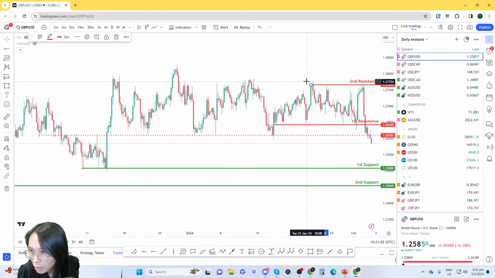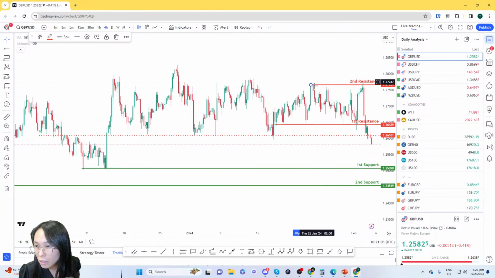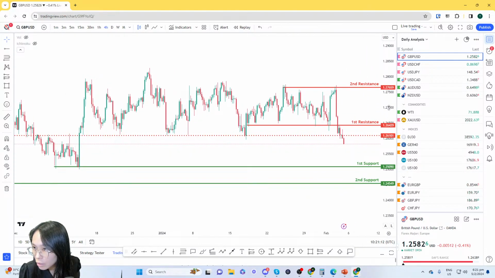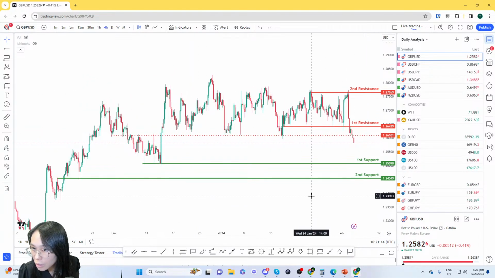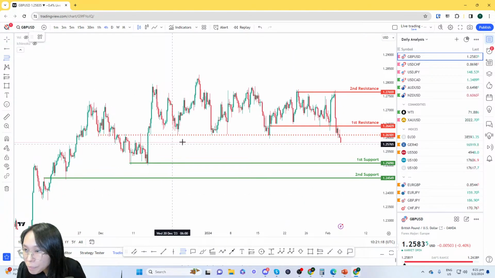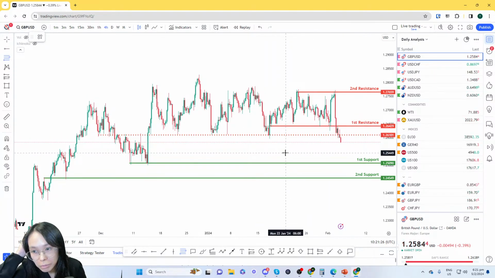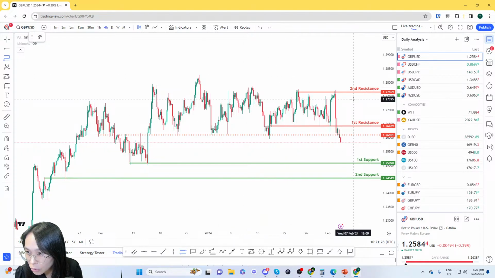It's actually also a pullback. You can see the price pulling back over. Now let's look for some retracement. The chart has been consolidating for so long.